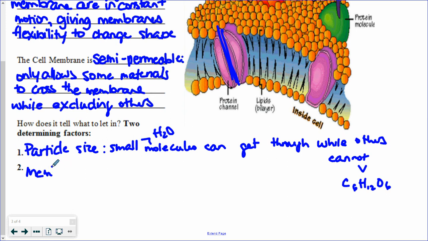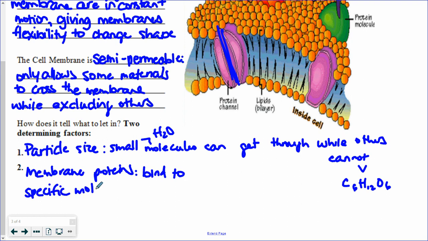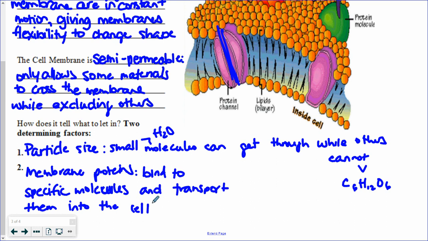So membrane proteins can bind to specific molecules and transport them in the cell in a variety of ways.